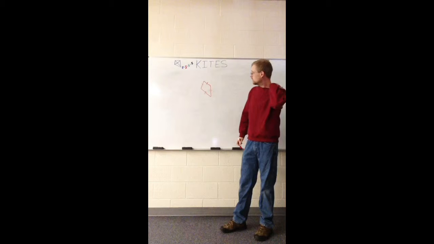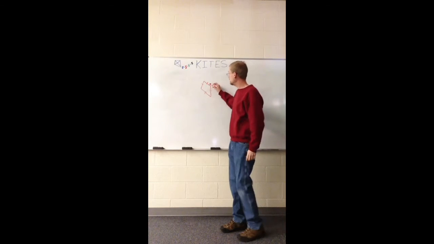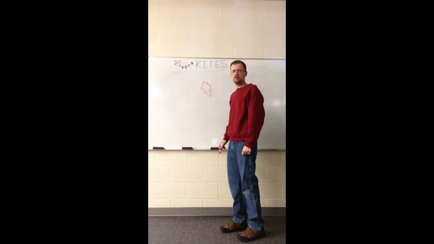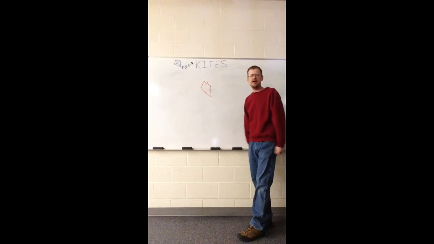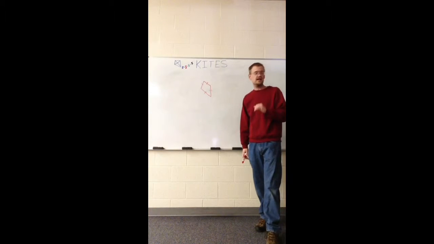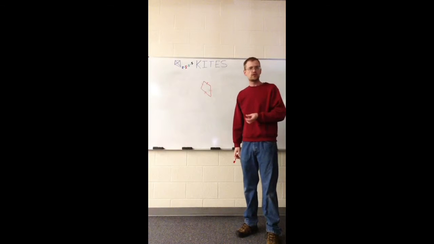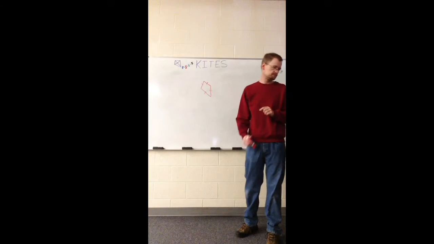Okay? Notice this is very different from a parallelogram. In a parallelogram, these two sides would have been congruent and these two sides, okay? So our first kind of compare, contrast, okay? So the definition of a kite, it is a quadrilateral with two pairs of consecutive congruent sides, okay?